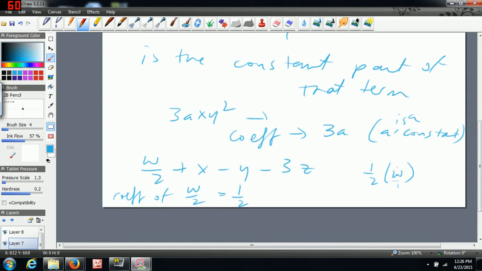So over here it's just w times 1, so that's just w over 2. The coefficient of x would be 1. The coefficient of y is -1. There's a -1 in front of it. And then the coefficient of -3z is -3. Okay.